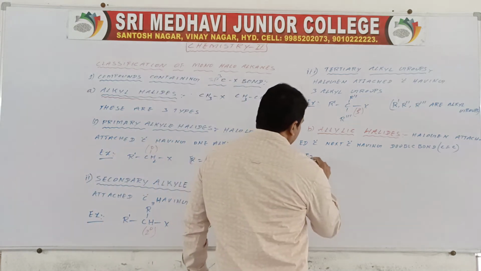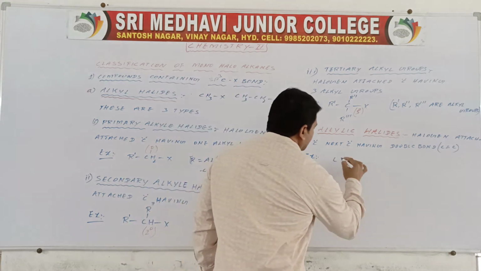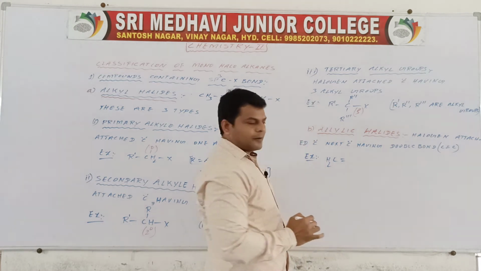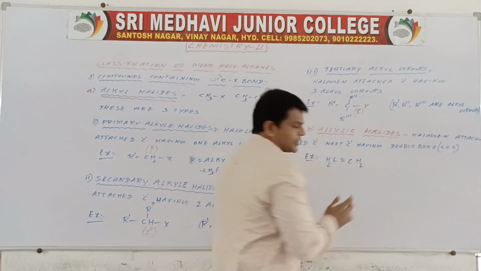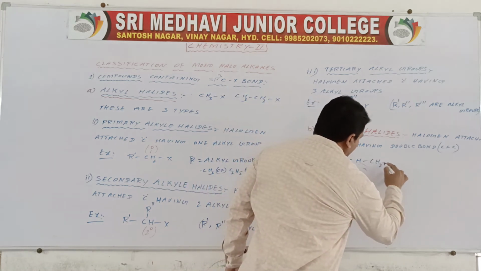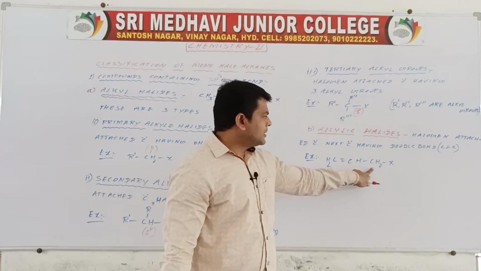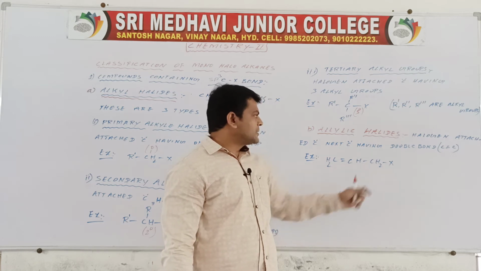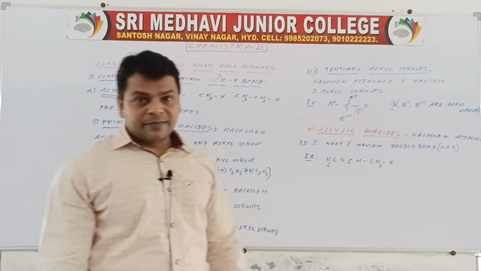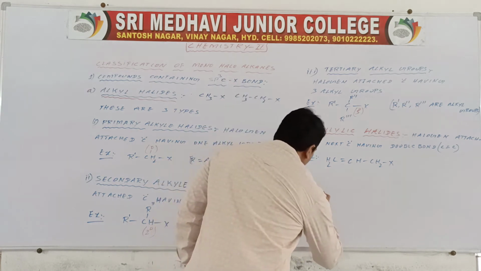For example, CH2=CH2, if you remove this hydrogen and put CH2X: it has a double bond and the halogen-attached carbon undergoes sp3 hybridization. This is nothing but an allylic halide. Understand? And then we may give one more example.